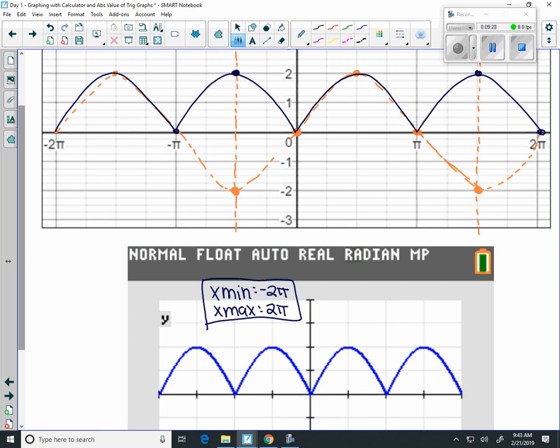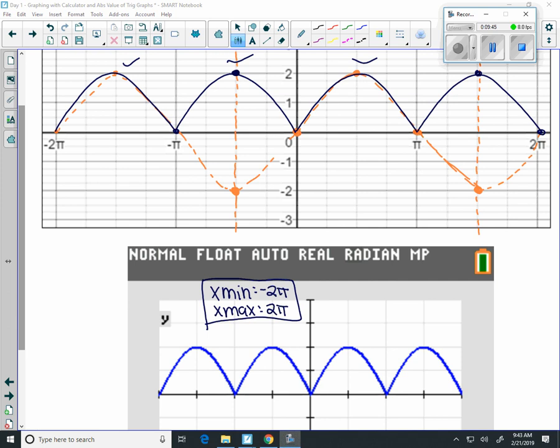I usually don't play with my y's because really all I'm doing for this is counting those maximums. Negative 2 pi to 2 pi, I should have 4 of them. I have 1, 2, 3, 4. I'm pretty happy. That's really what I'm doing when I'm checking.